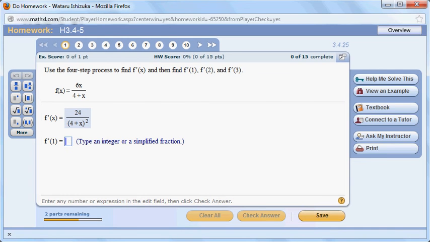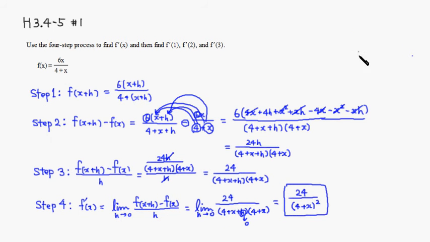So if you want to evaluate f prime of 1, plug in 1, so it's 24 over 4 plus 1 squared, so that's 24 over 5 squared, which is 25.